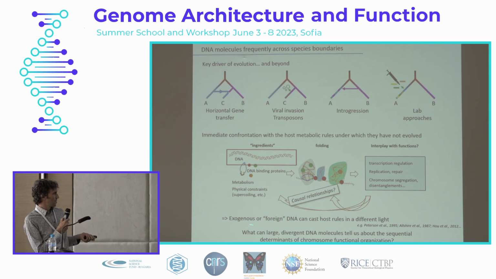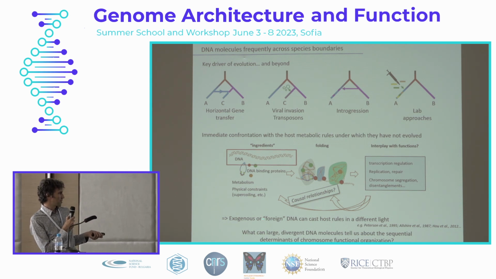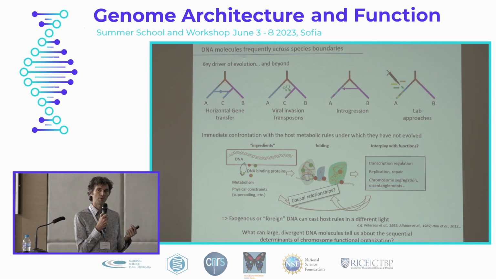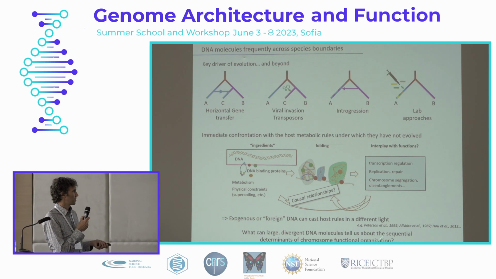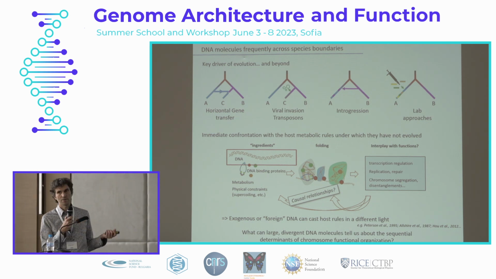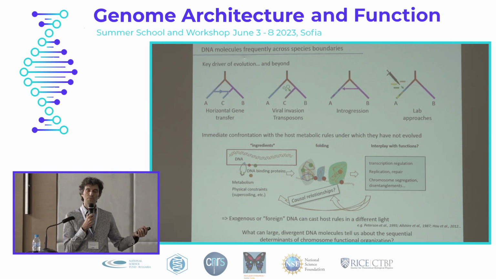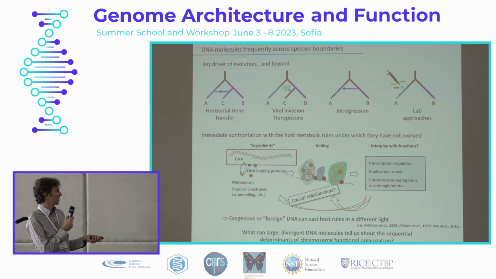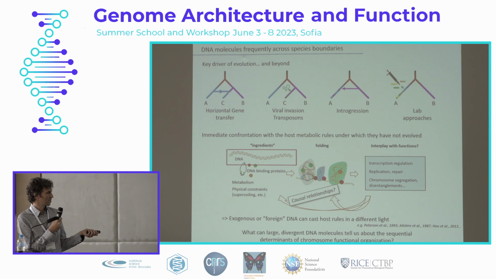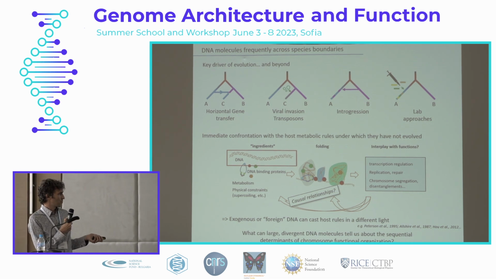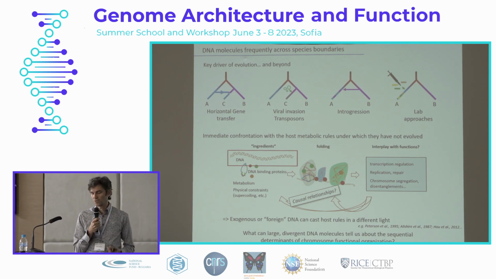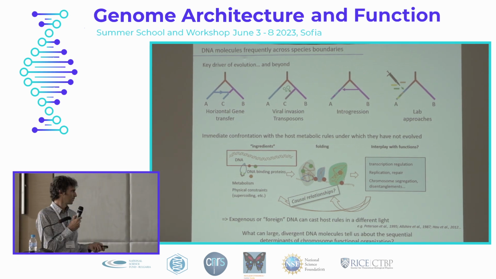This feature has been used in many studies to cast the rules of the host under a different light. For instance, Robin Koszul introduced chromosomes of Schizosaccharomyces pombe into mouse cells as early as 1997, etc. And this has been instrumental to learn a lot about metabolic function of hosts.